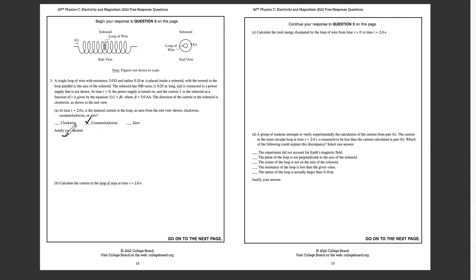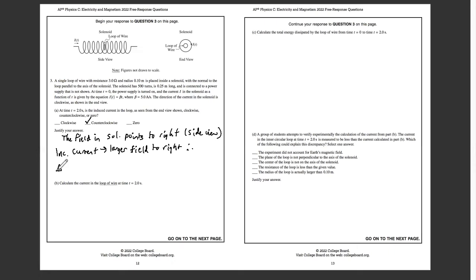Why is that? Because the field inside the solenoid points to the right, and this is from the side view. And then we are increasing the current. So what's that going to do? Well, that is going to get a larger field to the right.